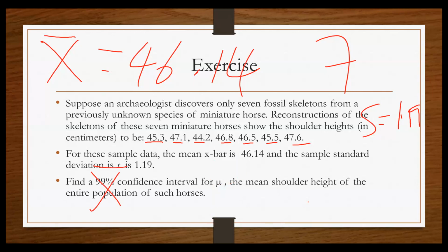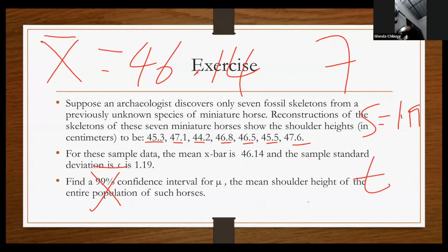Then the other thing that should guide you on how to proceed is the sample size. I said that you have to examine whether the sample size is big or small. If the sample size is small, it means you need to use the T statistic, is it not what we say? Yes.